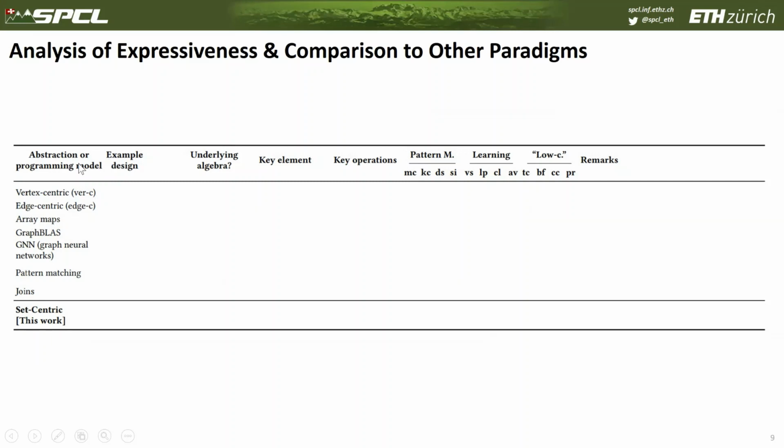In the first row, we can see different aspects that we are considering: an example scheme, whether there is an underlying algebra, the key element and the key operations of a given paradigm, and then something which is most important for us in this slide, the supported problems.